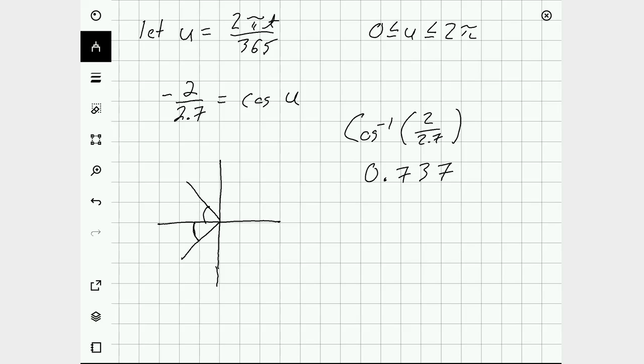Now u, measured from the positive x-axis, is going to be one of these two things. Either it's going to be pi minus 0.737, or it's going to be pi plus 0.737.